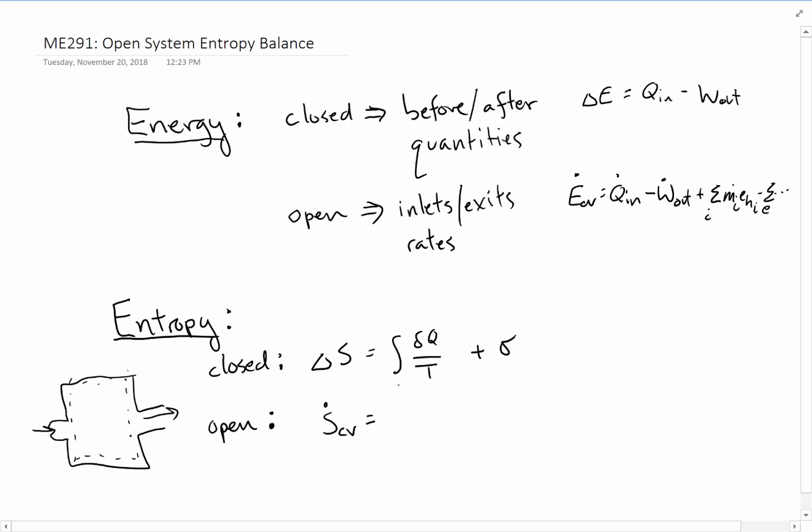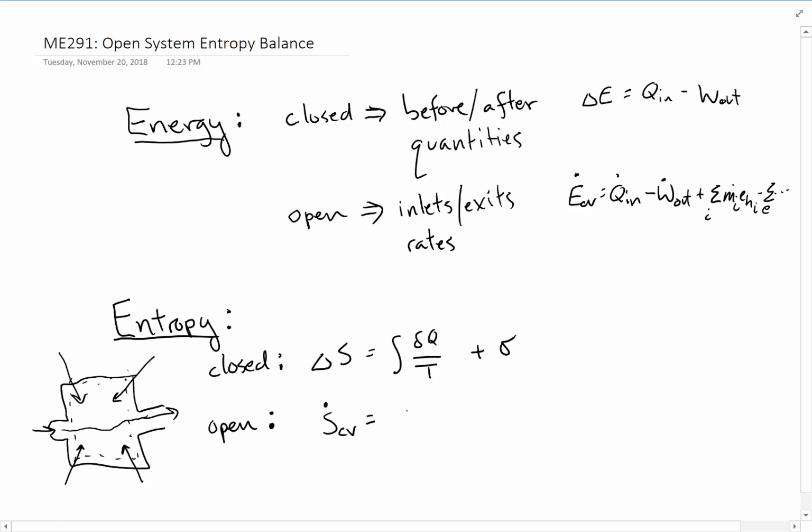What we're going to do with this heat transfer term is get rid of this integral. Since the substance is changing temperature as it goes from the inlet to the exit, we're going to assume that heat transfer could be coming in at multiple points when the substance is at different temperatures. So we're going to break that integral into a summation.